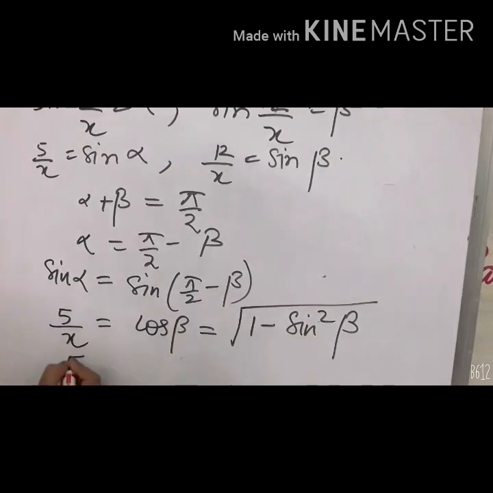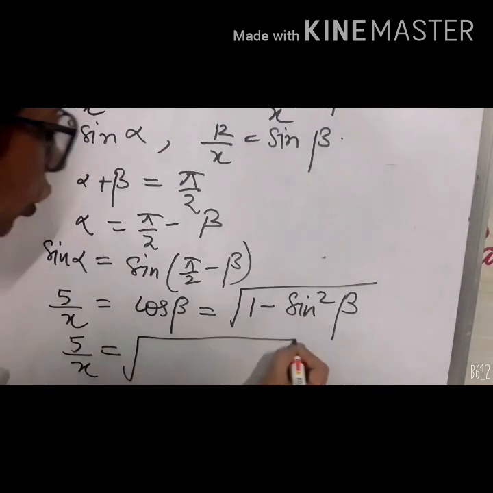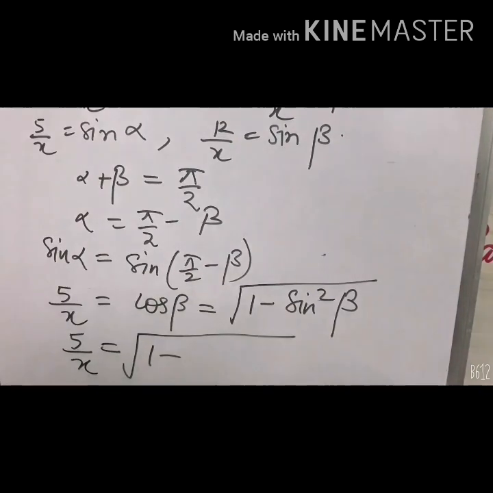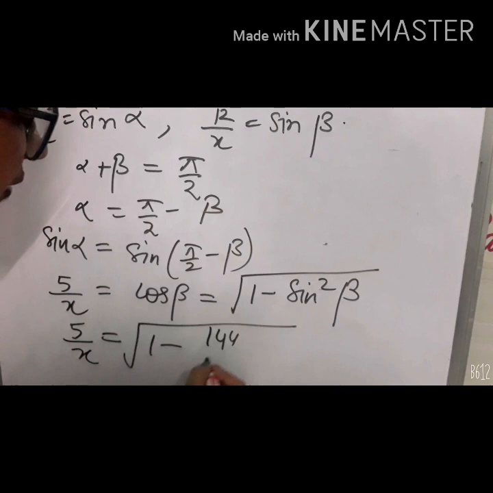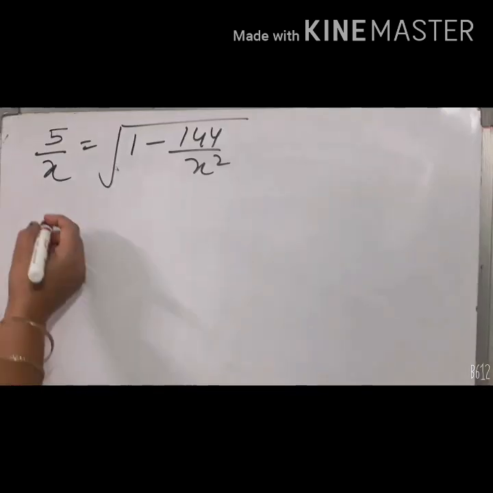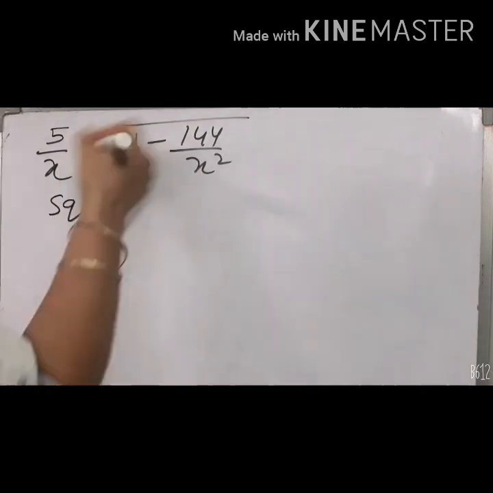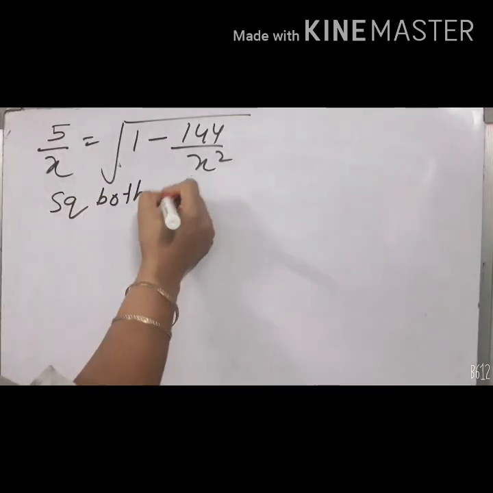Correct? Now it becomes 5 by x is equal to under root of 1 minus, what is the value of sine beta? 12 by x. So it becomes 144 by x square. Fine. Now because I have to remove this square root, how will we remove it? Squaring both sides.